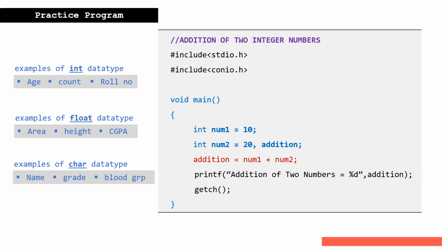Since the addition variable is of integer type, I have written "addition of two numbers is equal to", which will be printed as it is inside the double quotes, and %d. Why %d? Because the addition variable is of integer type. And finally the getch to get a character.